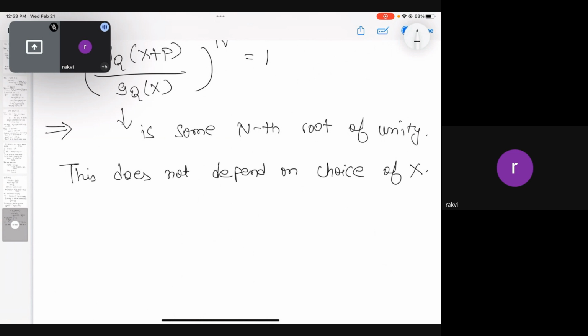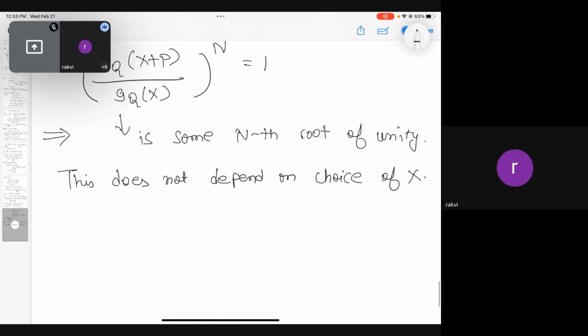So what I'm doing here, you can think of this as giving a function from E to P1. I start with x and I send it to this thing, gq of x plus p over gq of x.